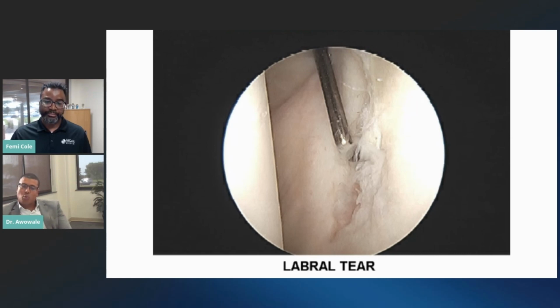Then we come out of the sling and work on some strengthening. If you're a high level athlete that's trying to get back to overhead throwing, people generally aren't back to throwing at the mound, if it's a pitcher, for about 5 to 6 months. So in general, that's the timeline of getting back to sport. But people are feeling pretty good at that 3-month mark. They're just not fully released.